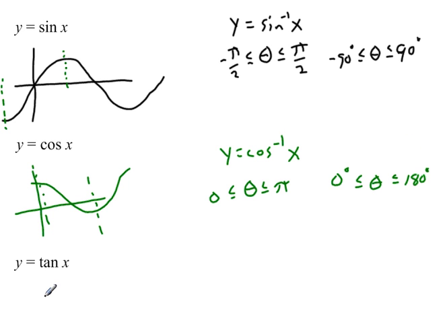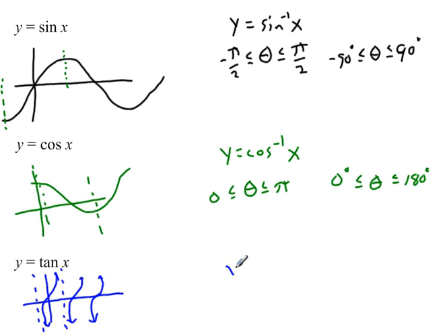Now likewise, the tangent, y equals the tangent of x. If we were to graph this, we'd get a whole bunch of these curves that look something like so. And I think you'll agree with me that if we were to flip this across the line y equals x, this would fail the vertical line test. So we just look at values between these two asymptotes of the curve.